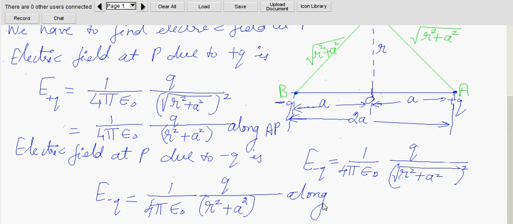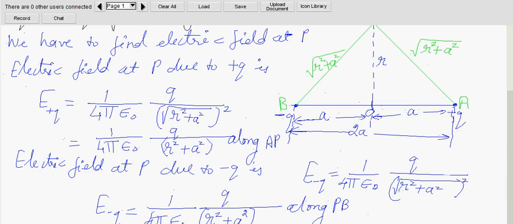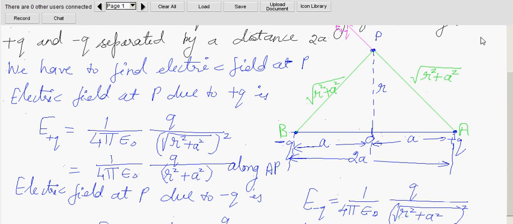I will mark this E minus q in the figure.